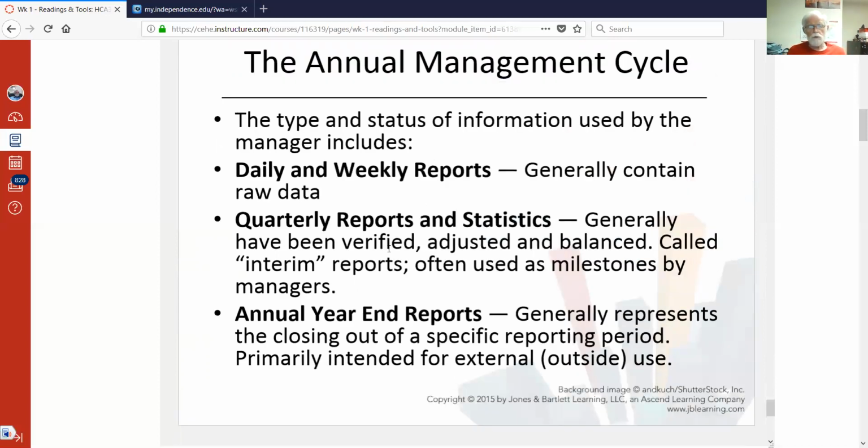Daily and weekly reports. In a small organization, you may only really go through weekly reports. I suggest that you have to do at least weekly reports. The bigger the organization, the more interested you're going to be to look at the dailies.